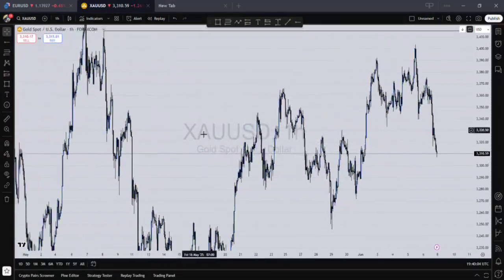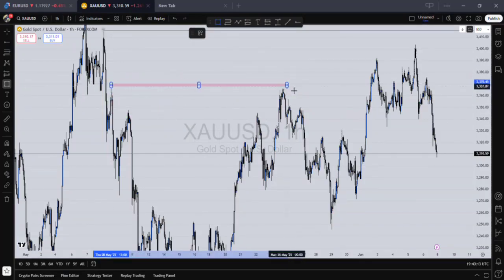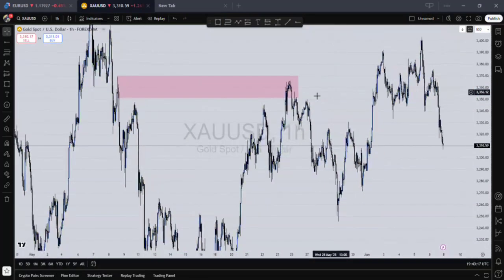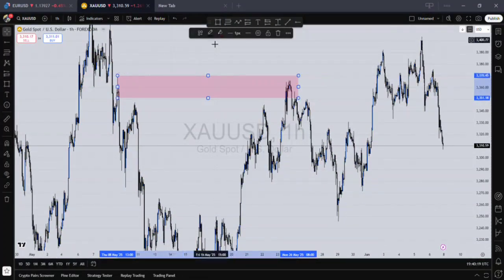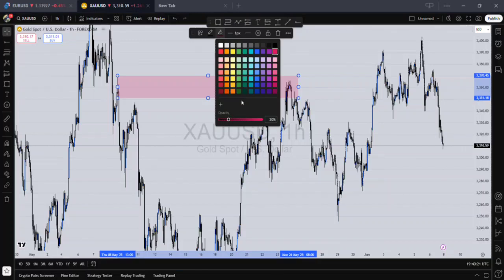Gold is still playing. But we'll see from next week what gold is going to do. So I had this POI here. Okay, price will likely sell from here. Stuff like that.